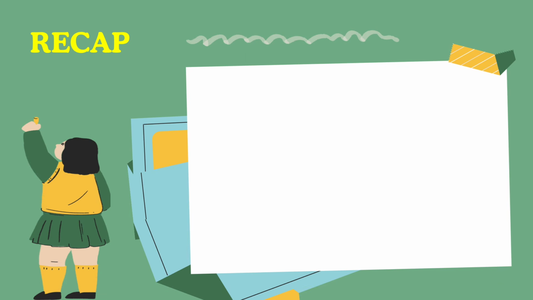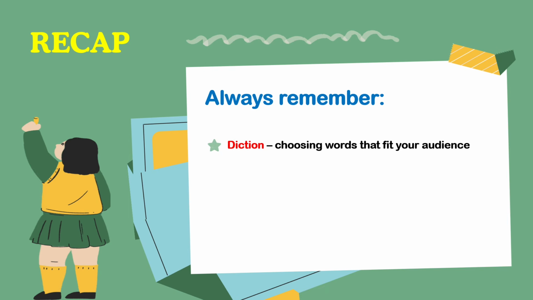Before we end, let us recap. Always remember, diction is choosing words that fit your audience. It's like choosing outfits. Style means matching your tone to the situation. Formal for teachers, casual for tropa.